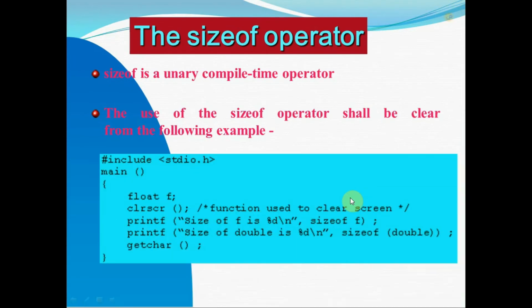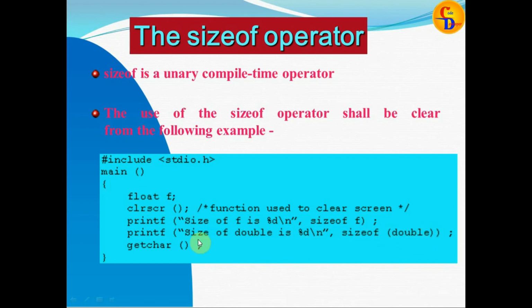The sizeof operator. The sizeof operator is used for analyzing the size. So sizeof(f), where f is a floating point. The answer is 4 because the float data type occupies 4 bytes. Then sizeof(double).